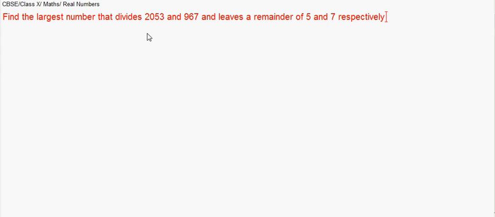That means for the first number there is a remainder of 5, and for the second one there should be a remainder of 7.